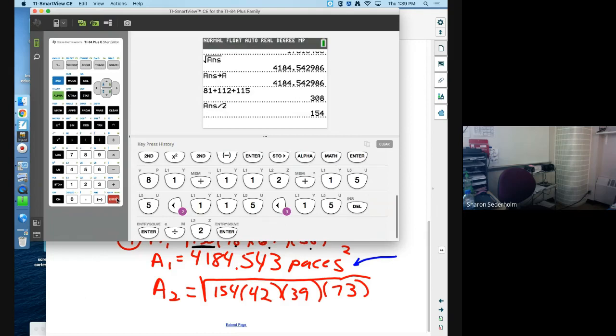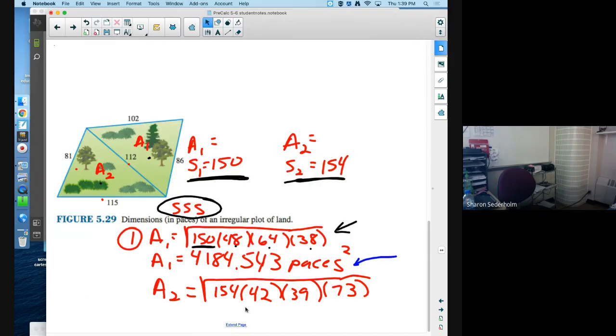So the semi-perimeter in that one was 154. I'm going to put my little calculator key for that one on there so I don't forget. Then we have 154 for the semi-perimeter, and you have to take 154 minus 81, 112, and 115. You didn't have to watch me punch all that subtraction in. Those numbers are right there.